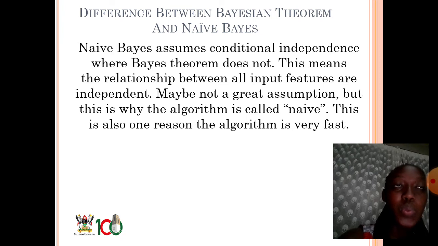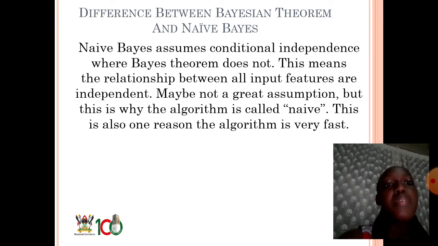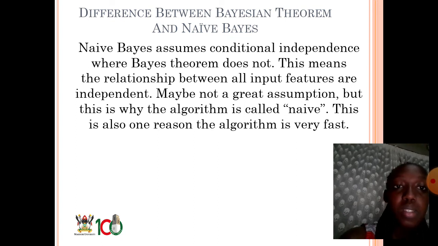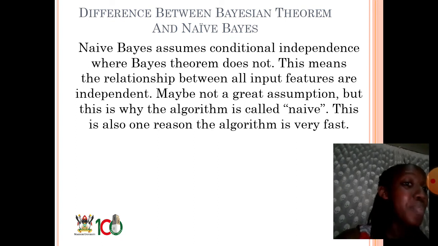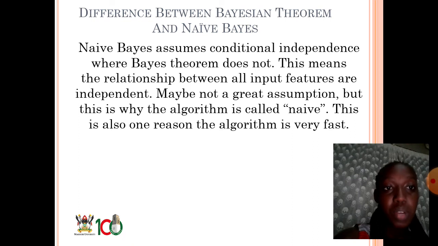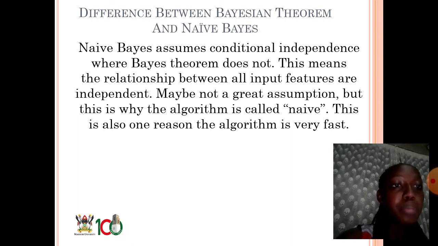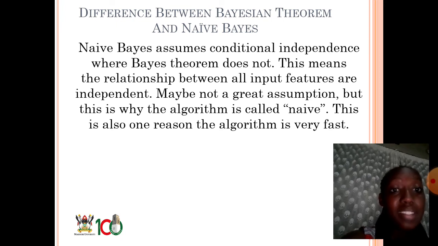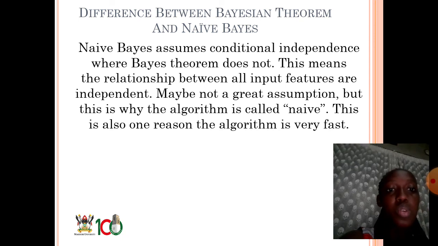It's a weak difference, but the naive Bayes assumes conditional independence, where the Bayes theorem does not. This means the relationship between all input features is independent. Maybe not a great assumption, but this is why the algorithm is called naive. This is also one reason the algorithm is very fast.